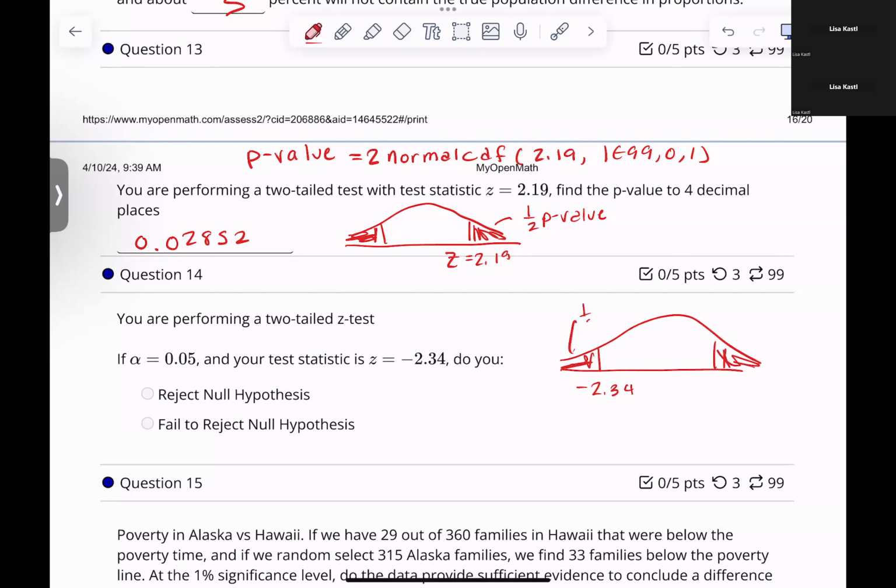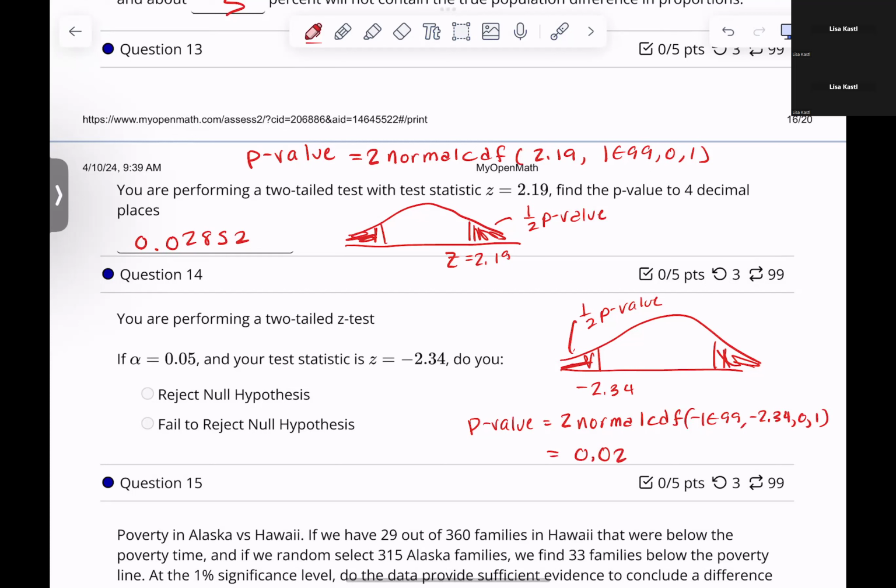So half the p-value is here, there. So the p-value is 2 times the normal CDF of -1E99, -2.3401, which I got 0.02.